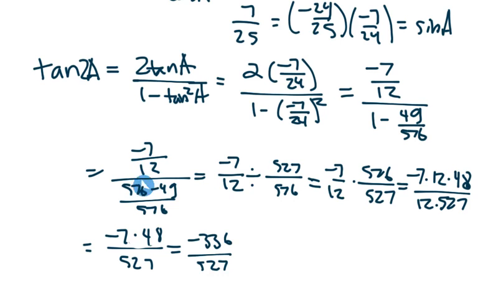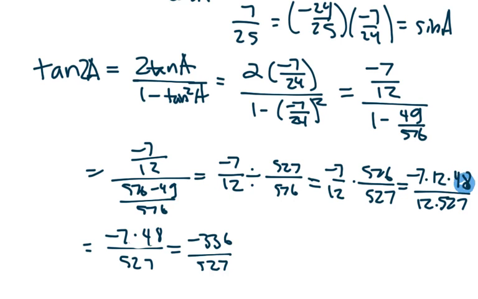So dividing this by this, rewritten, becomes negative 7/12 times the reciprocal, right? Except that 576 was 24 times 24. That's 12 times 2 times 12 times 2, right? Well, if we take out one of those factors of 12, that still leaves a 2 and a 12 and another 2.